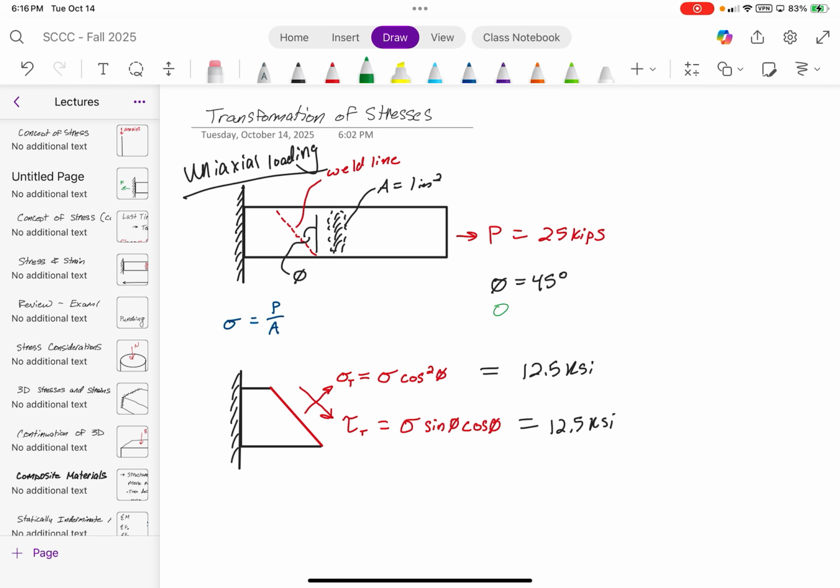But now let's say that we wanted the angle to be, let's say, a 60-degree angle. No, a 30-degree angle.